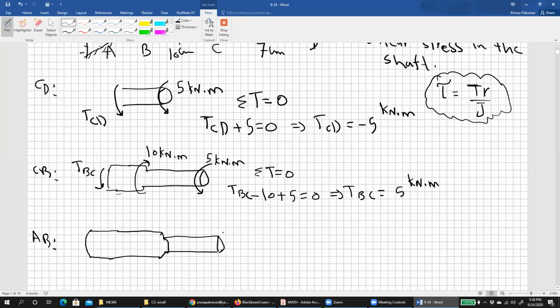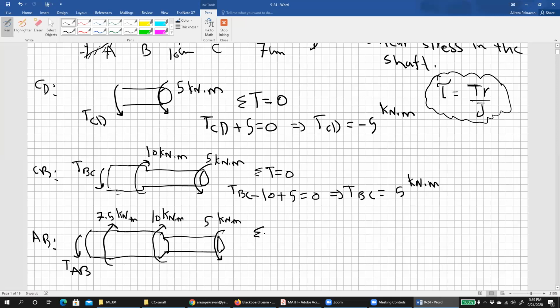So now let's put all the torques. This is 5 kilonewton meter. Then we have this torque 10 kilonewton meter. Also we have 7.5 kilonewton meter, right? And this torque would be TAB, right?